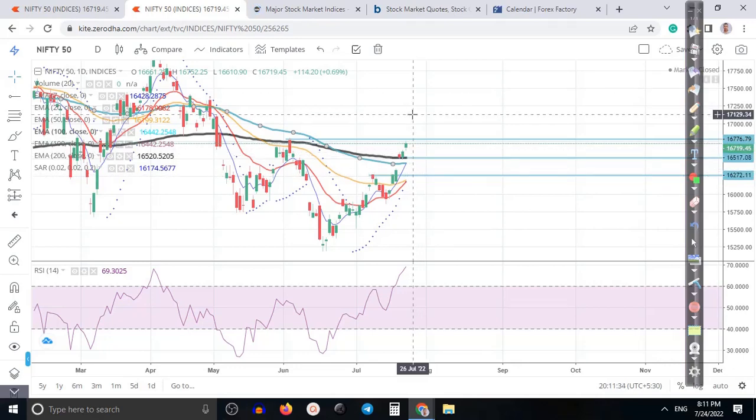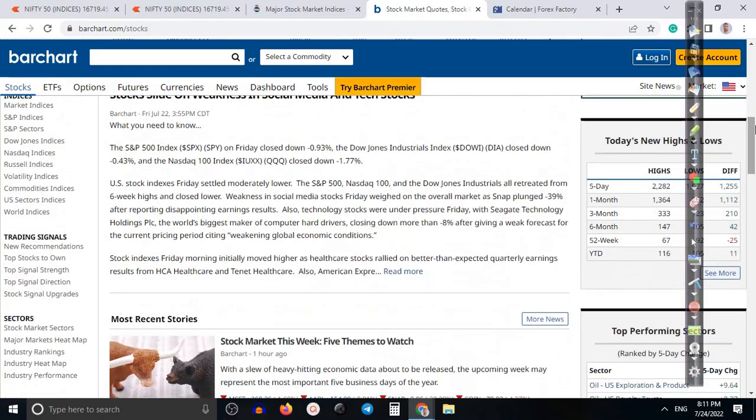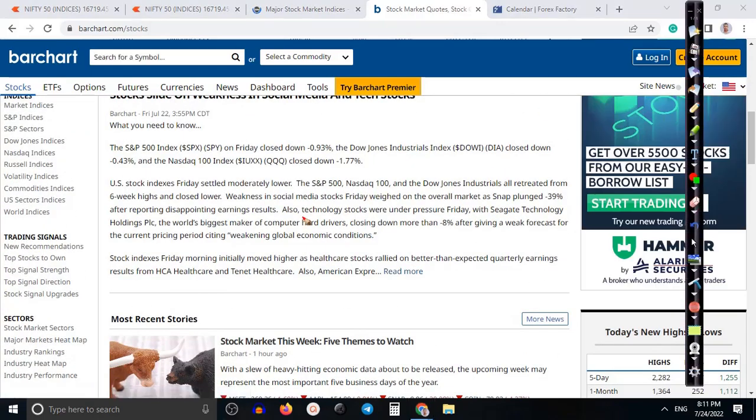Now the question is, why is the US market negative? Let me show you the fundamental news. According to the fundamental news, social media stocks on Friday weighed on the overall market, as Snap was negative by 39% after reporting disappointing earnings results.